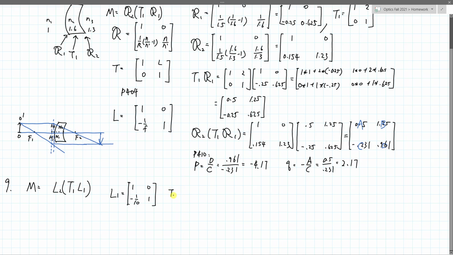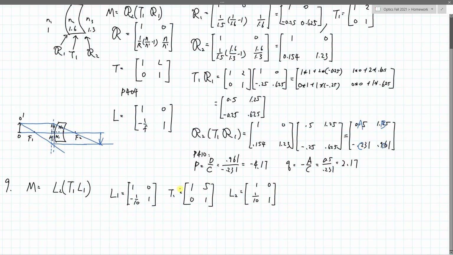And T1 is 5 centimeters of translation, so T1 is equal to 1, 5, 0, 1. And then L2 is another lens with negative 10 centimeters. So negative 1 over the focal length, that's equal to 1/10. So 1, 0, 1/10, 1.